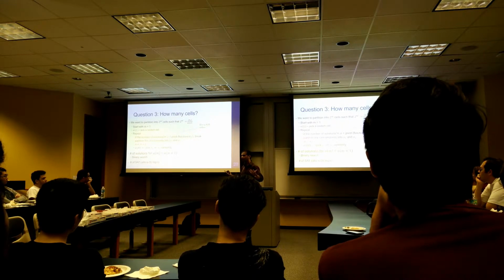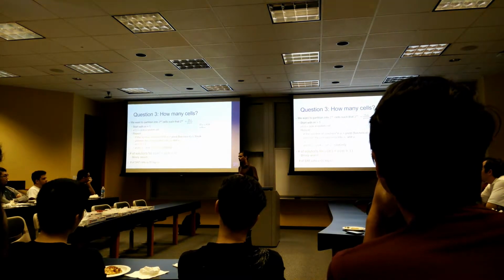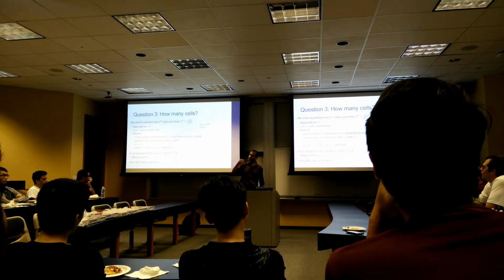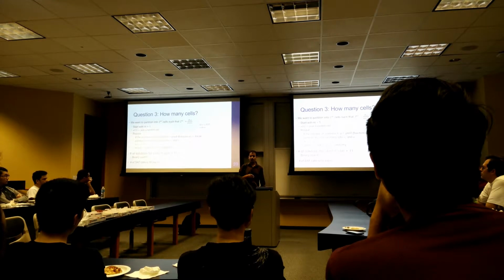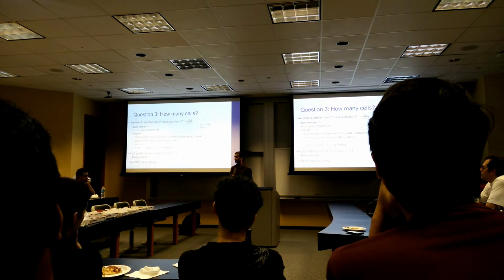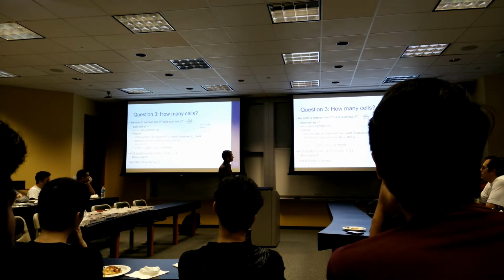If you partition into 100, it's not going to work. But if you have 100 solutions, you have to partition into 50 cells. So it looks like you need to know the number of solutions. But that is very circular, because we started with wanting to estimate the number of solutions. If we have to know the number of solutions, this is not a good algorithm.